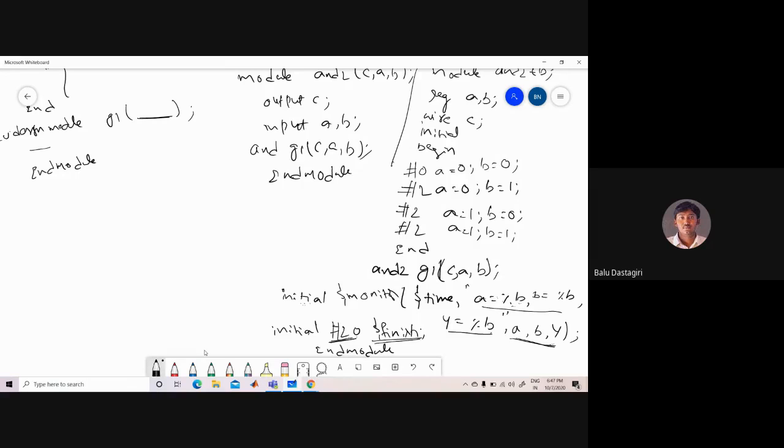There is a little difference between them, so we will see in the coming cases what the difference between $finish and $stop is.